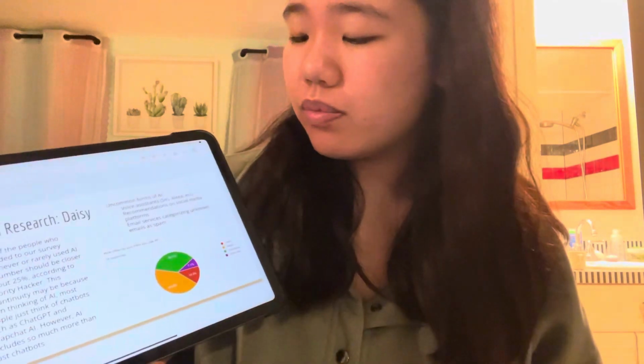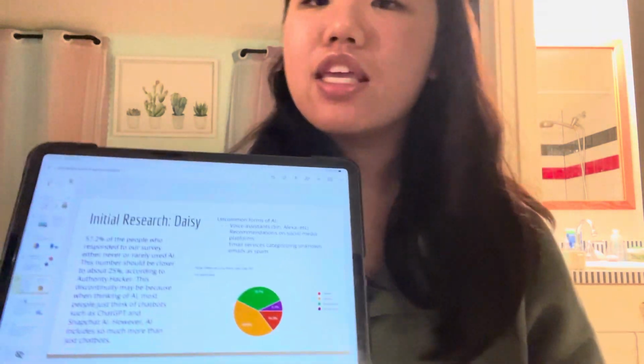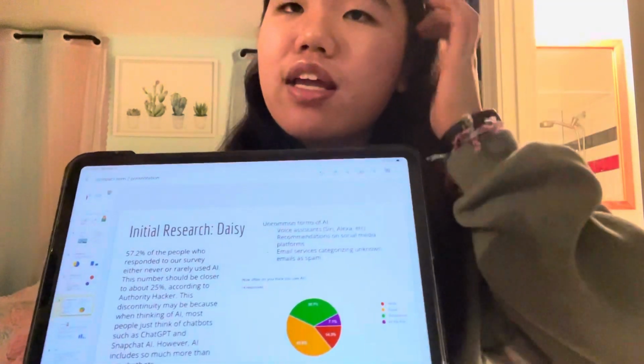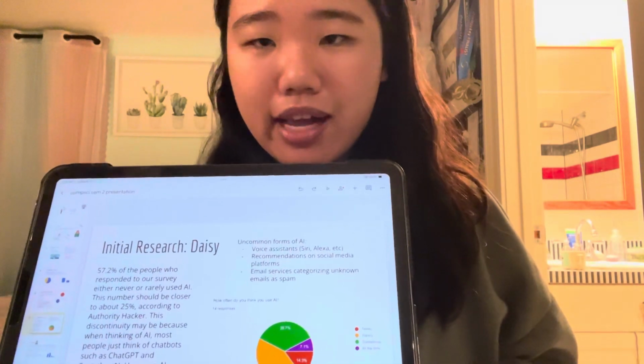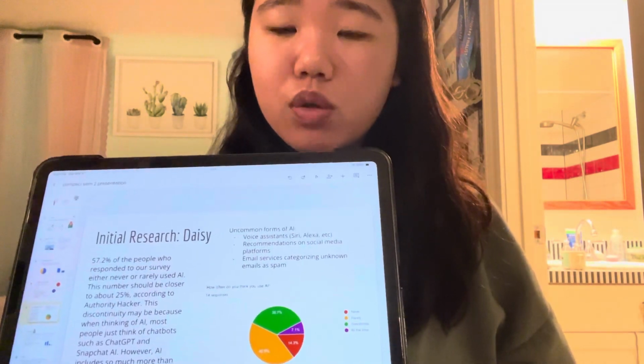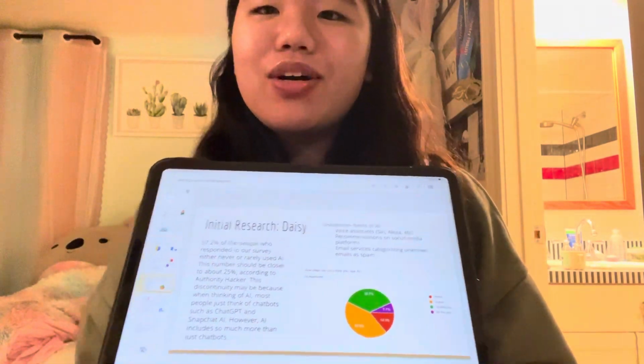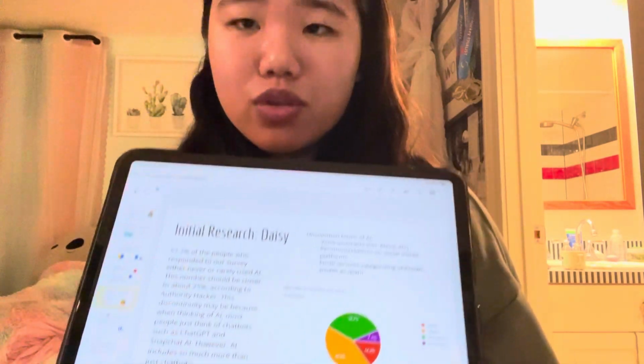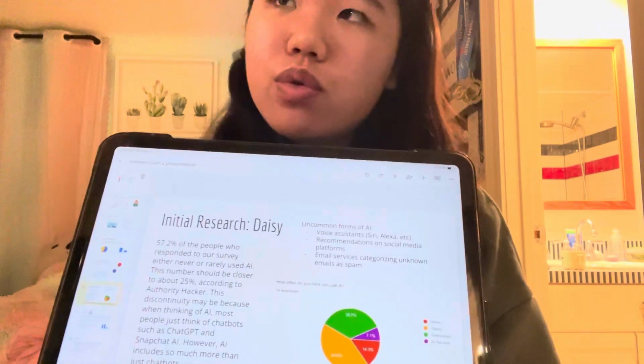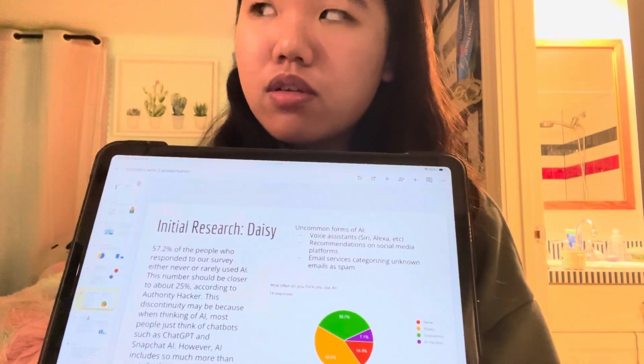And also, this is an uncommon one, but email services marking an unregistered email as spam. That's also use of an AI. And most people don't recognize this, so they would assume that they don't usually use AI.